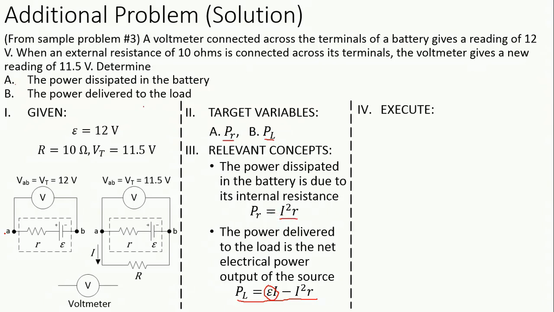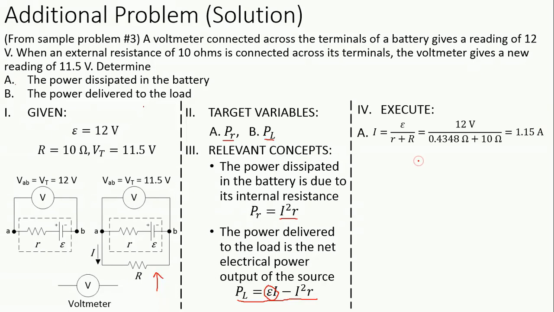To execute our solution for letter A, first we need to solve for the current. Based on this circuit, the current is equal to the EMF of the battery divided by the sum of the internal and external resistances. So I is 1.15 amperes.